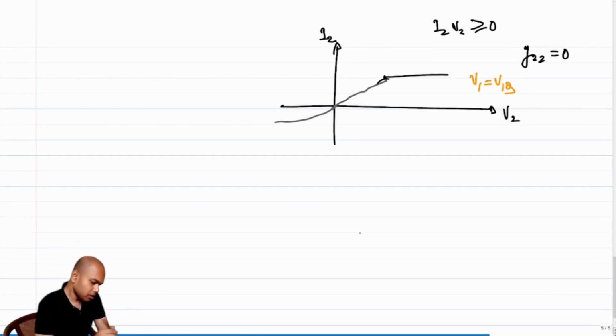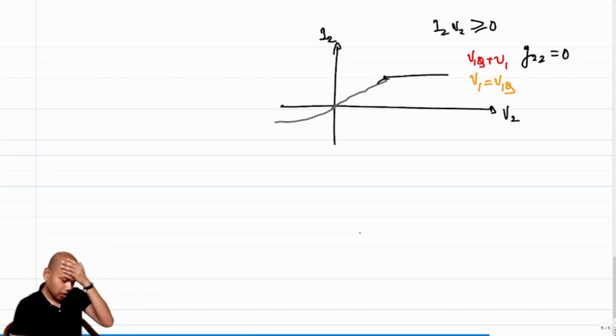Okay, so now let's say that I have changed this voltage V1 from V1Q to V1Q plus delta V1, right? So if I have changed this voltage, let's say from V1Q to V1Q plus small v1, what comment can you make about our current I2?